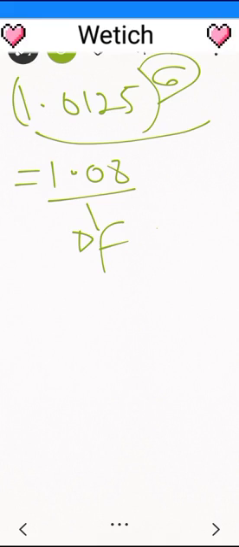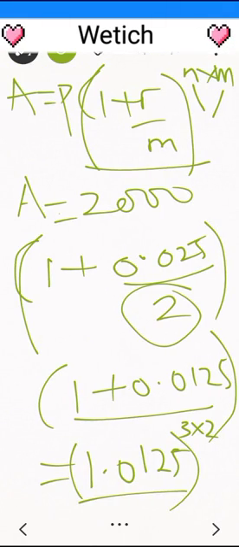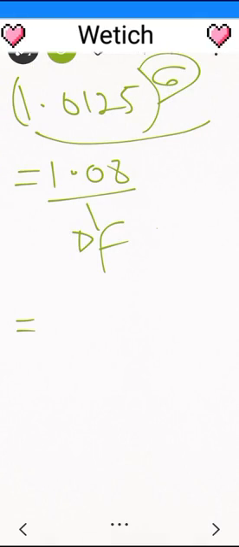So we're going to multiply our factor by the present value. What is the present value? This is the present value. Now, we are not saying we are discounting.